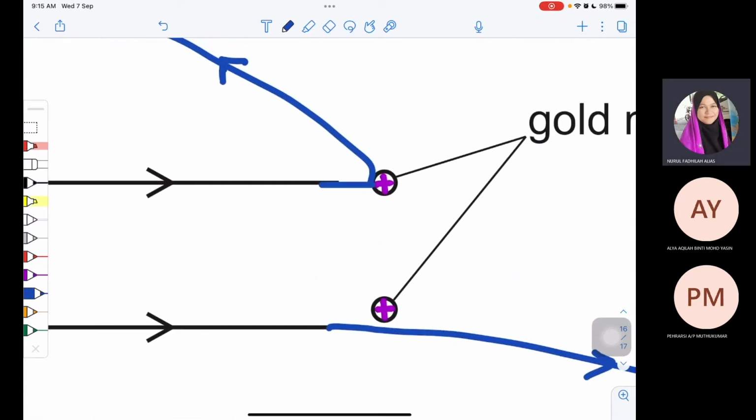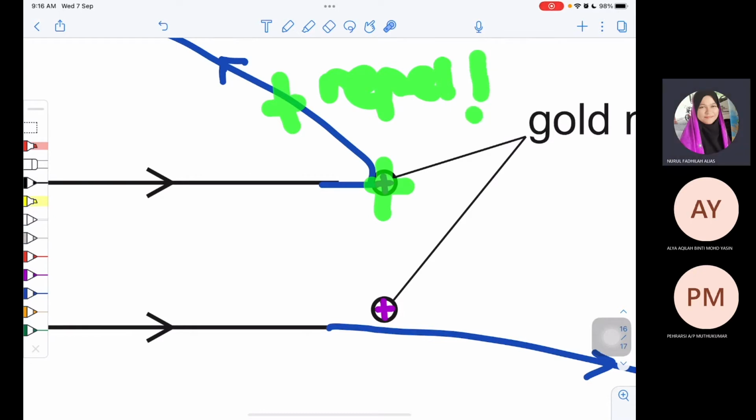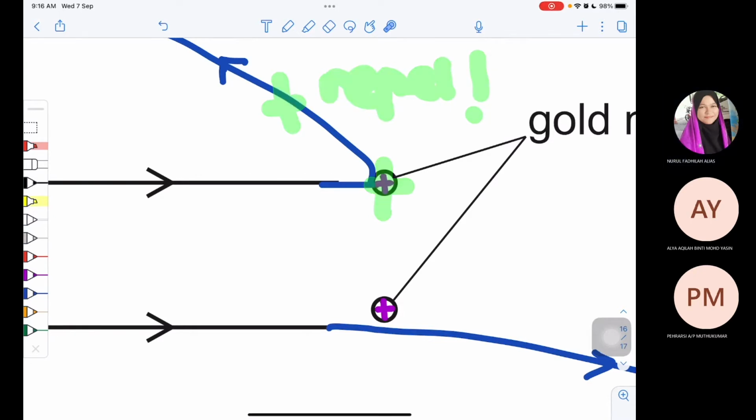Kenapa yang ni mesti reflected back? Sebab this one. Nampak? Dia kena tahulah. Yang ni dia terkena pada gold foil tu. Lepas tu dia reflected back. Sebab gold foil positif, alpha pun positif. So dia repel. Yang ini dia tak kena the nucleus.